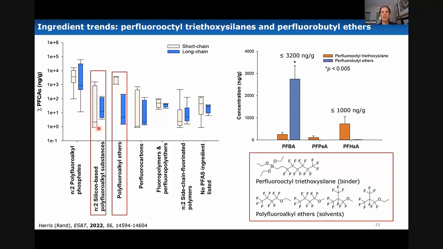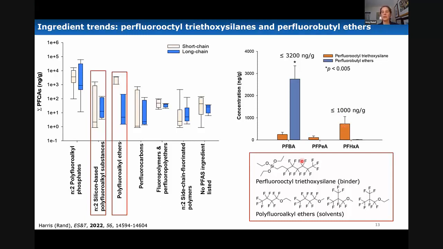But when we looked at the individual PFCA congener levels, there were a few interesting trends that appeared. So products that contain this silicon-based polyfluoroalkyl substance, particularly, moving to the graph over here, these perfluorooctyl triethoxysilanes, were coupled to high levels of the short chain PFCAs, particularly the C6.